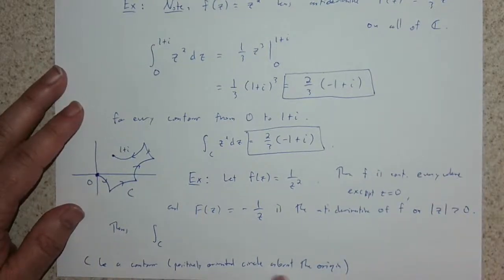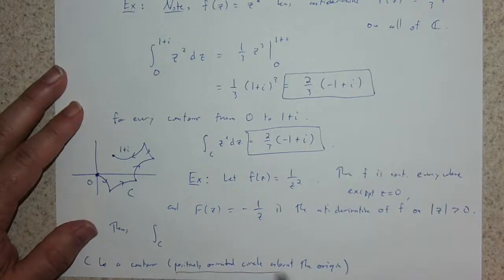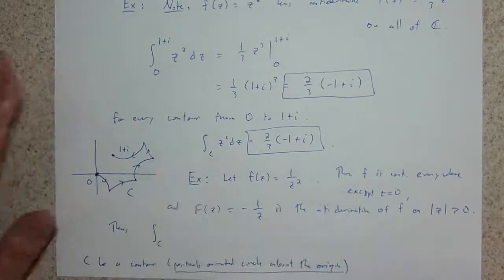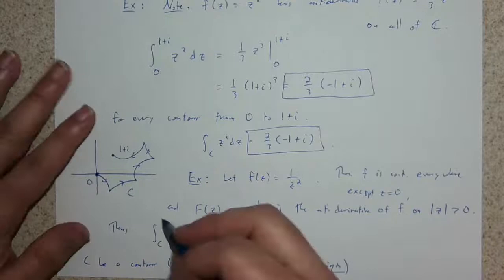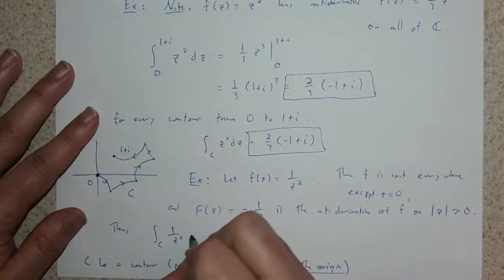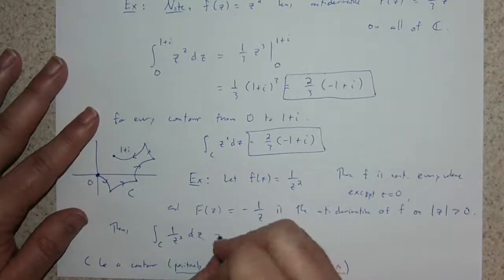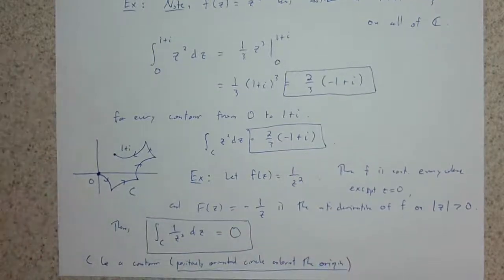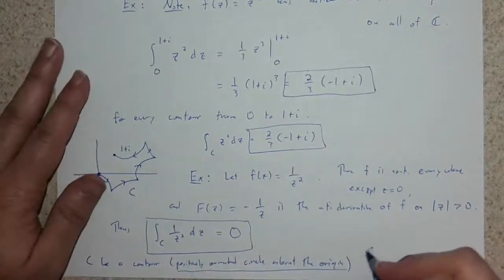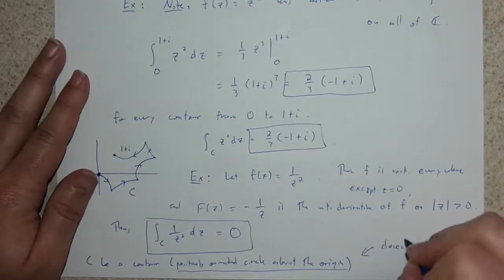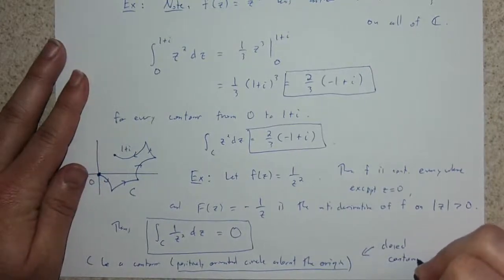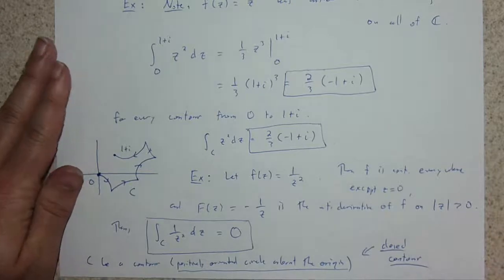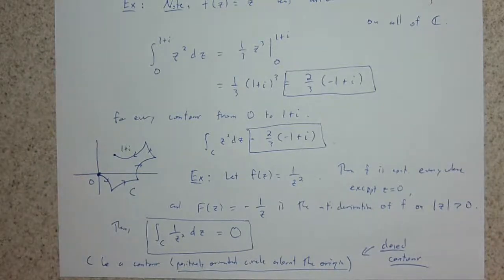So let C be a contour, a positively oriented circle about the origin. But it could be just a contour around the origin as well, of 1 over z squared dz. Well, this is 0, right? Because this is a closed contour. And again, I chose a specific one here, but I didn't have to. I could have just picked any closed contour around the origin. This would have been the same story.